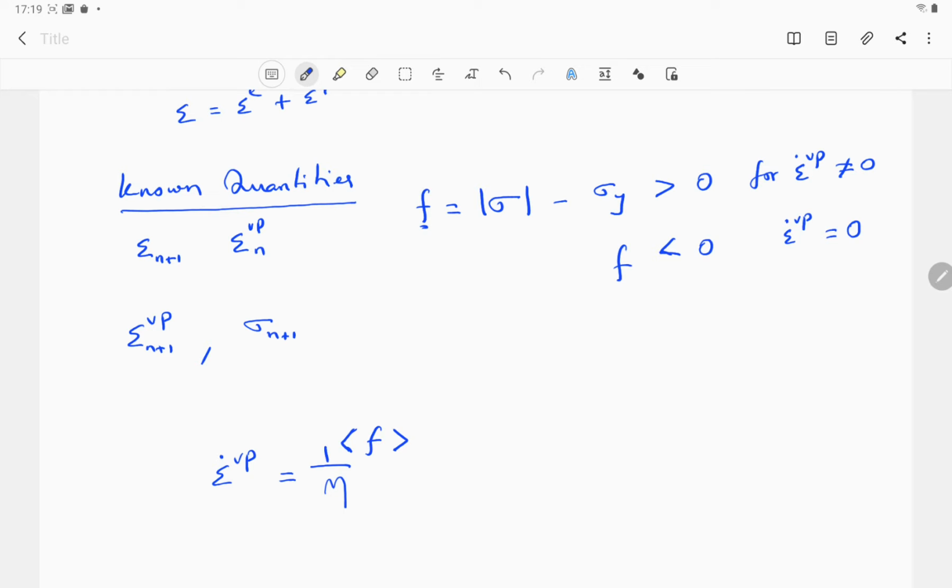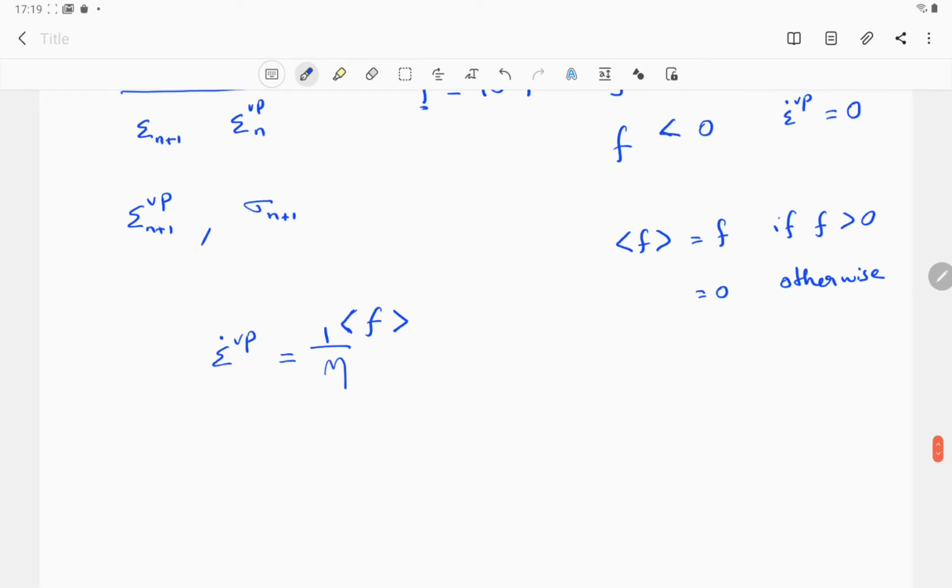Okay, so the bracket of F is equal to F if F is greater than 0 and equal to 0 otherwise. So that's the definition of Macaulay bracket. Okay, but one more thing, and this is the magnitude, and what about the direction?